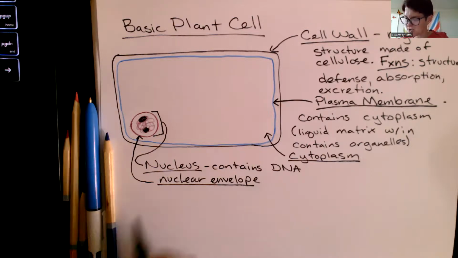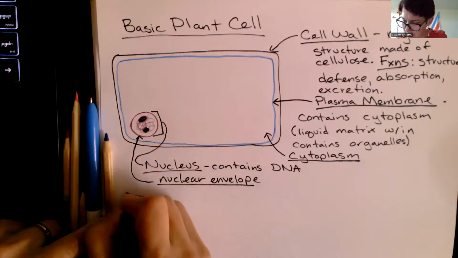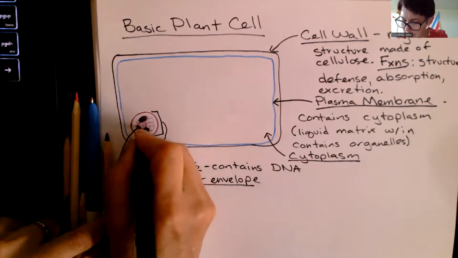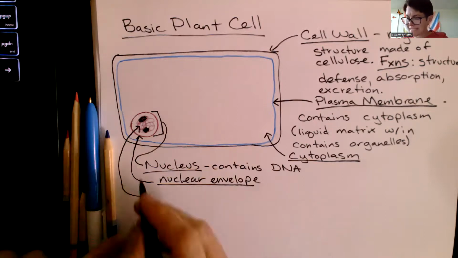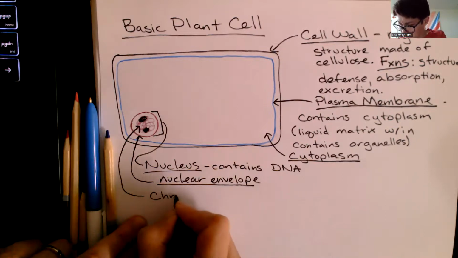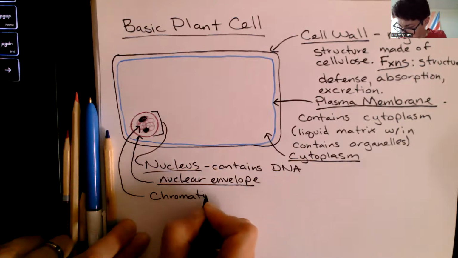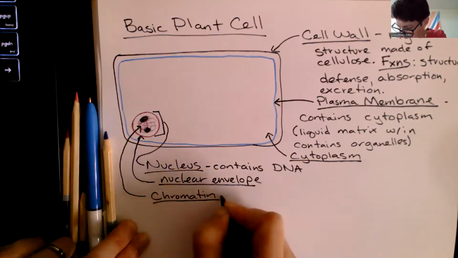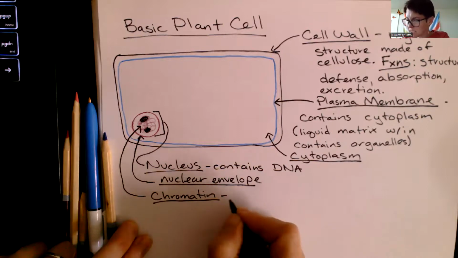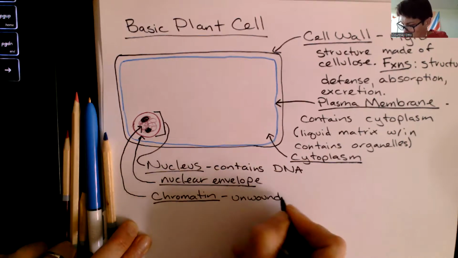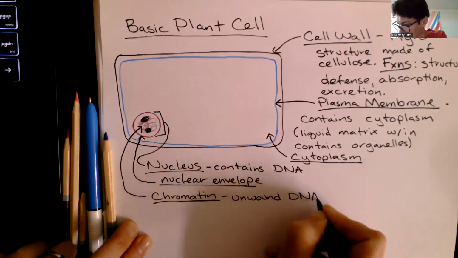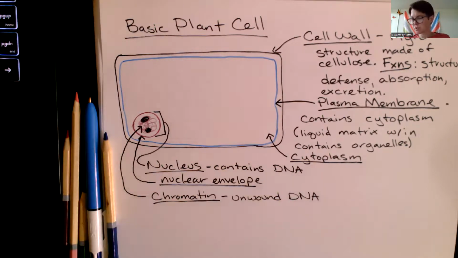That kind of messy, stringy stuff that I drew inside, that's our DNA. And most of the time, it's going to be in the form of what we call chromatin. So this is just this messy, unwound DNA. It's not condensed into what we call chromosomes, which you might remember from some other courses you've taken in your life.